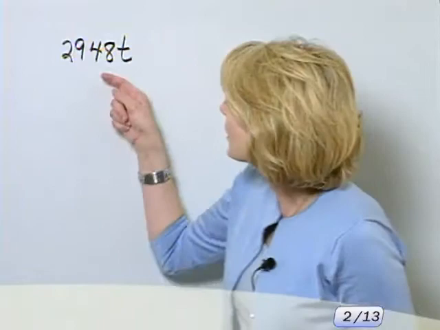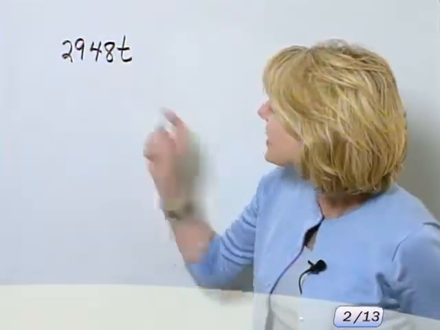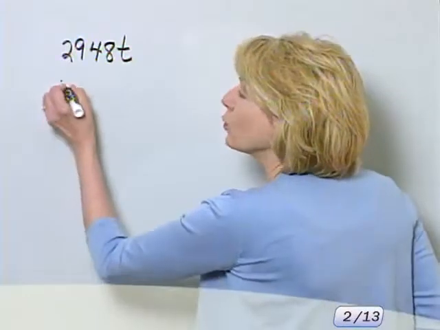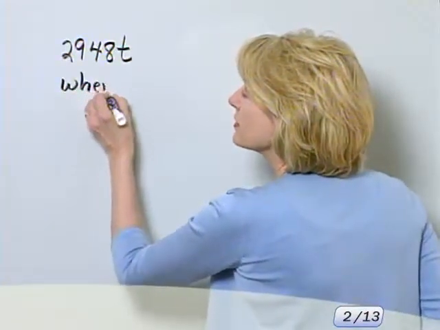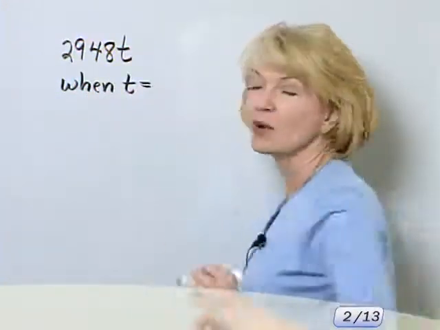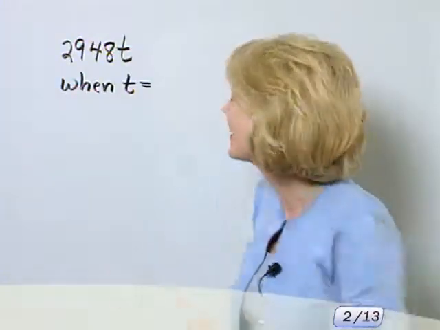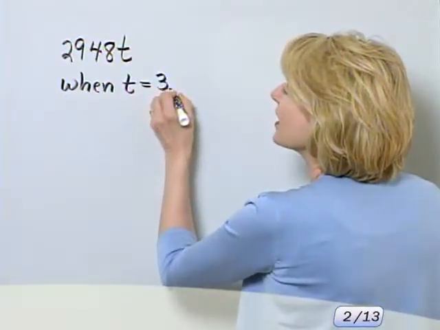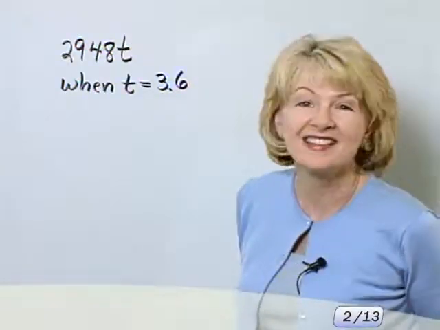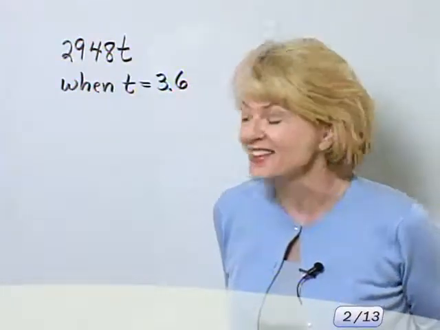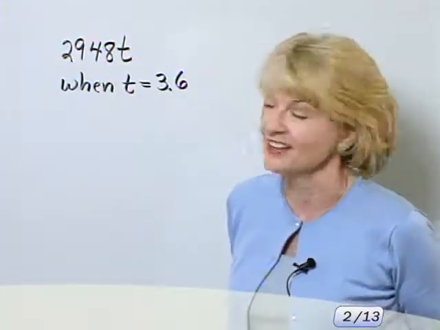So here is our algebraic expression. We want to then evaluate this algebraic expression when t is what value? We are given that. We want to know when the time is 3 6/10 hours, so when t is 3 6/10.